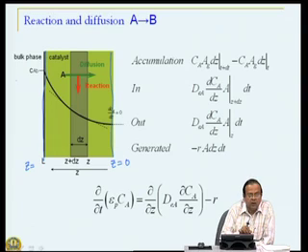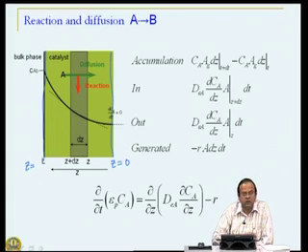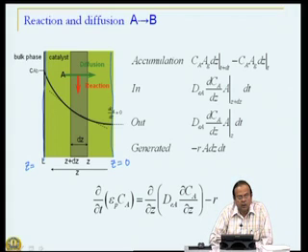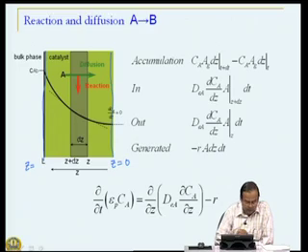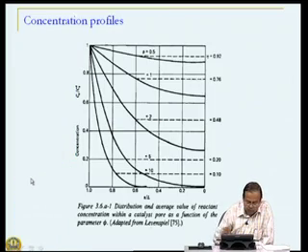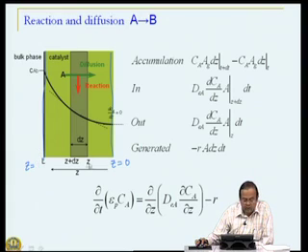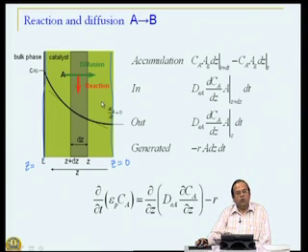On this side is a bulk phase and the concentration is C_AB of my reactant. My reaction is A going to B, and we are going to assume that our catalytic material is uniformly distributed through this entire catalyst pellet, and therefore, we are now going to set up the mass balance.